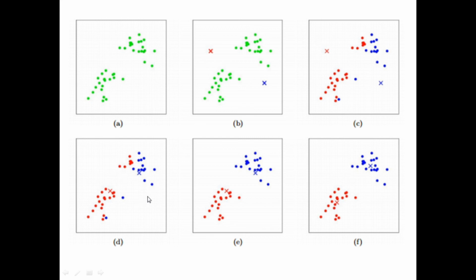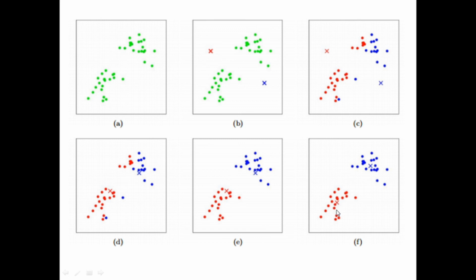We keep going until the shift of the centroid is small. This is my last mean for this segment, and this is the last mean for this segment. After that, I didn't find a significant change in the centroid.